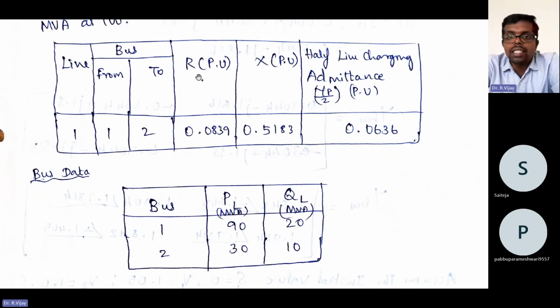Here Z is equal to R plus j into X, so after that you can easily calculate the admittance. Once you calculate Z, you can easily calculate Y. You need to remember this while solving the problem.